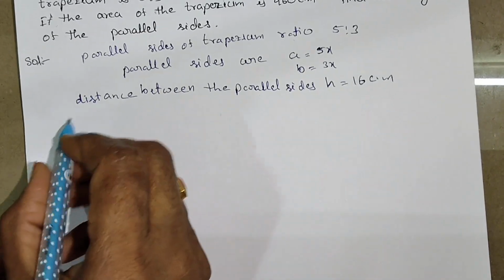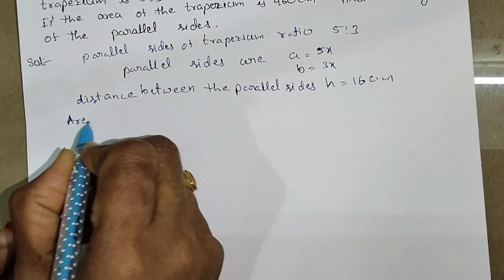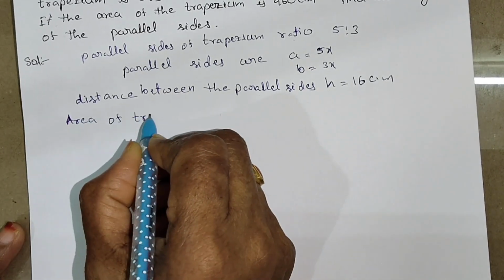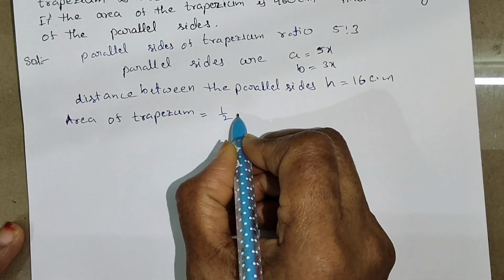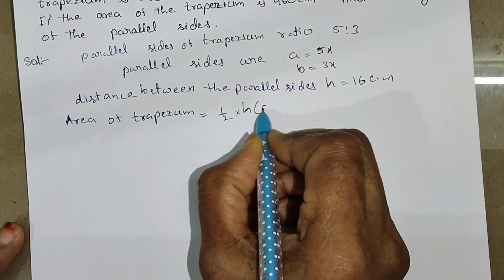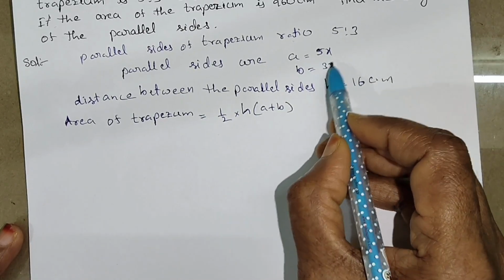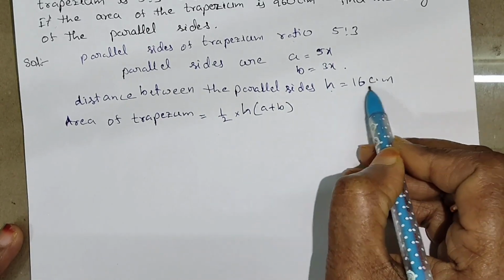Now we write the area of a trapezium formula. Area of a trapezium is equal to 1/2 into h into a plus b. Here a is equal to 5x, b equal to 3x, h equal to 16 centimeters.